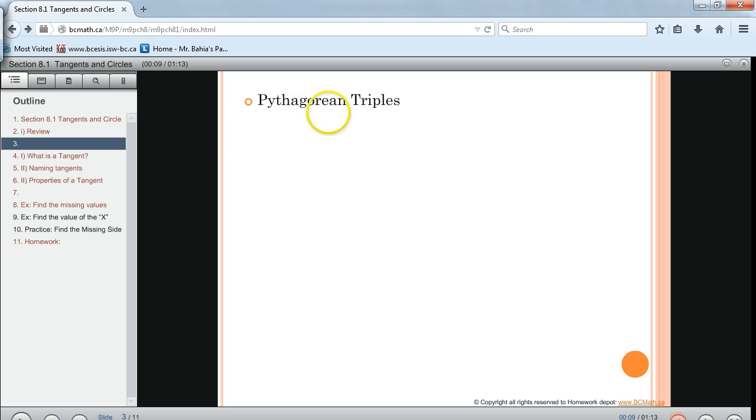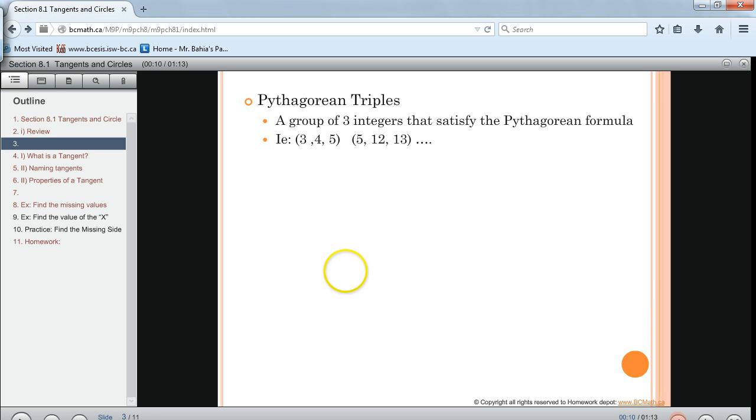Really quickly, I'm going to show you, and you can prove these yourself. There are things called Pythagorean triples. They're right angle triangles where you get whole numbers each time. Like the last two, you got a decimal for the answer. Well, these ones always give you whole numbers. So there's the famous 3, 4, 5 triangle, where one side is 3, one side is 4, the other side will be 5. The hypotenuse will be 5.